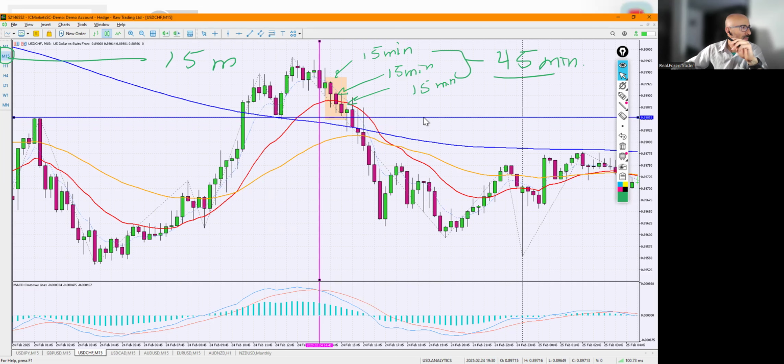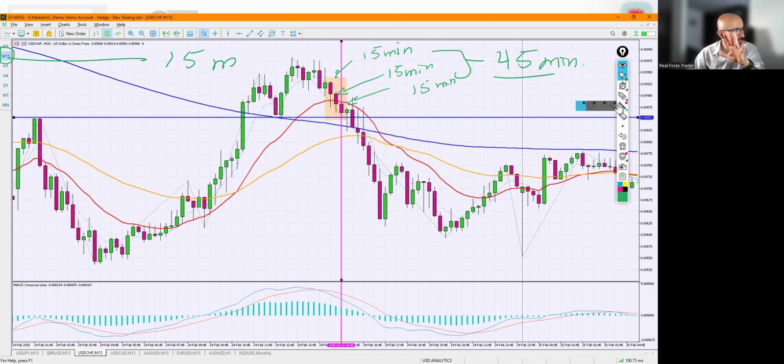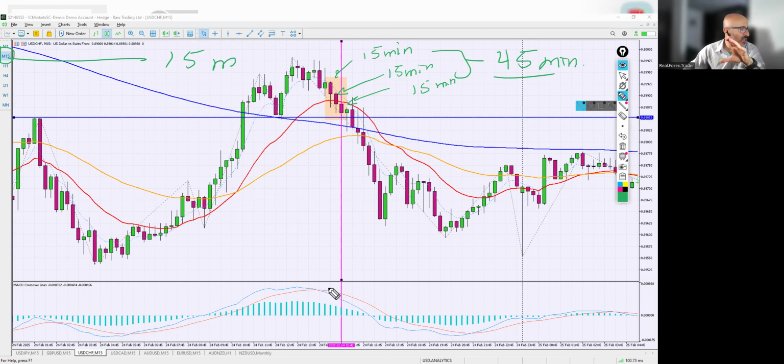Now I can observe in this moment, for example, that MACD is showing me a kind of divergence, right? And that is good in this case. Why? Because this divergence is showing me that potentially in this very moment, the trend is starting to be strong in the bear direction.